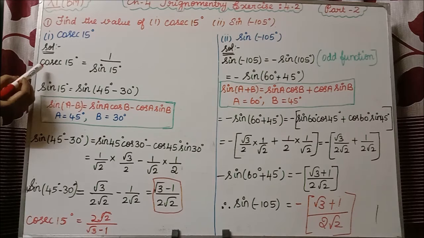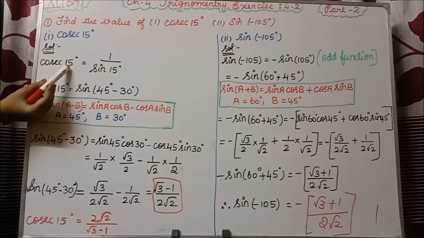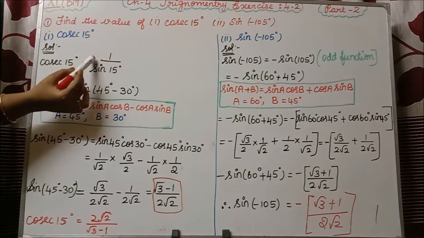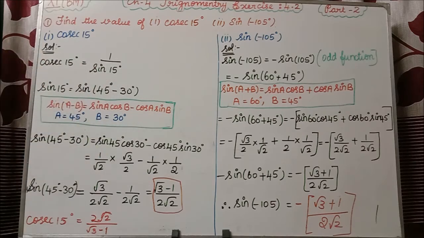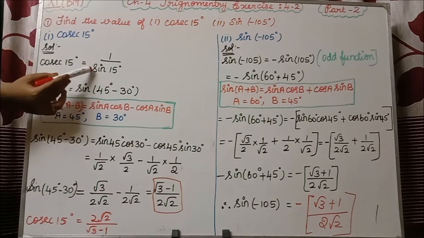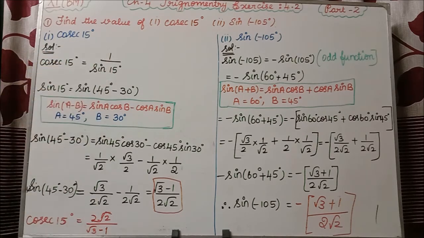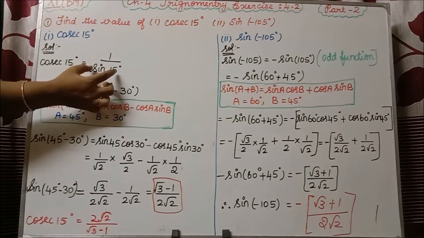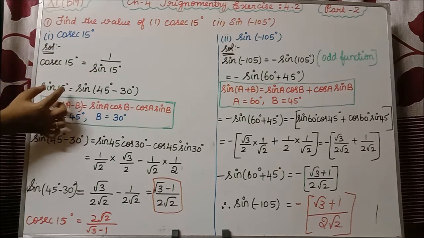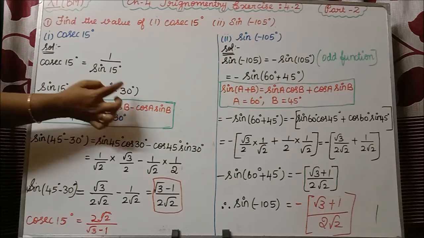Okay, now first if you see cosecant 15 degree, how I am writing means 1 divided by sine 15 degree. Why I am writing 1 divided by sine 15 degree means for sine 15 degree I am going to split it as sine of 45 degree minus 30 degree.